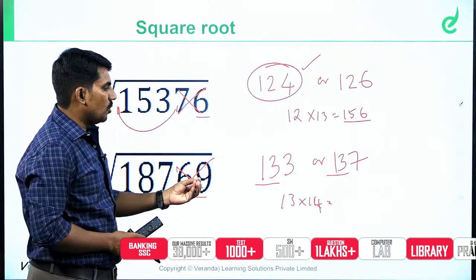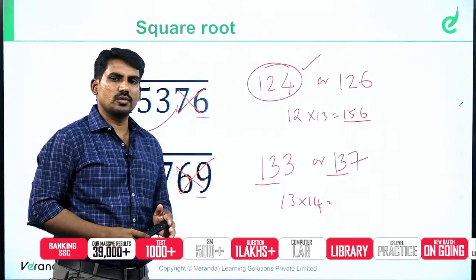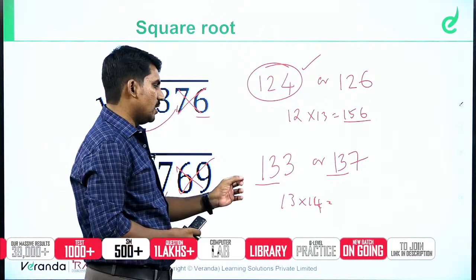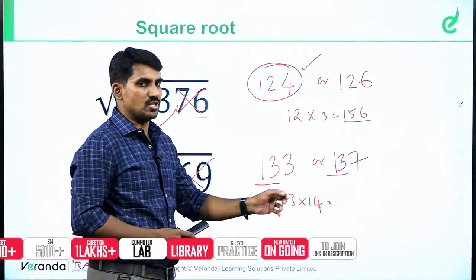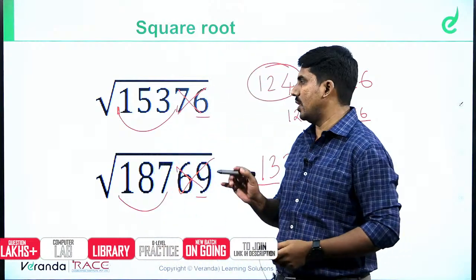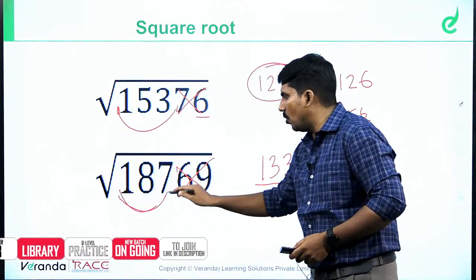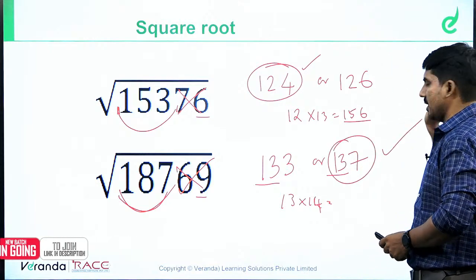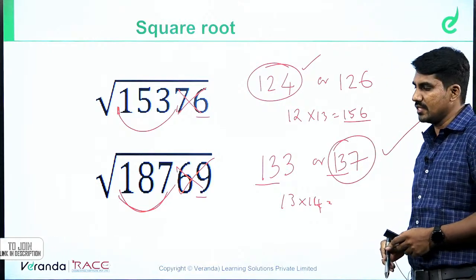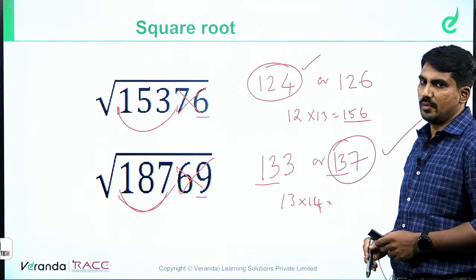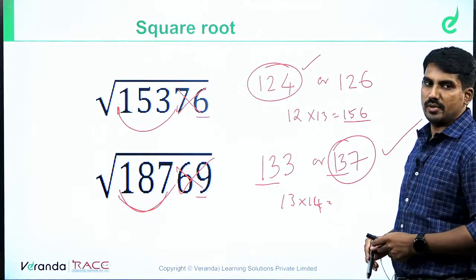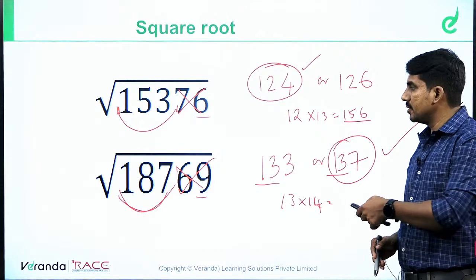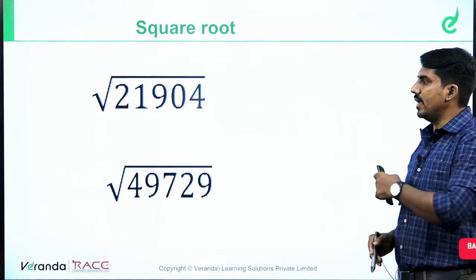So 13 into 14, what is the result we are getting? 182. This number is more than 182. Therefore, choose the highest value. This is the result. Right? 137. Clear? Right. Now, next number.